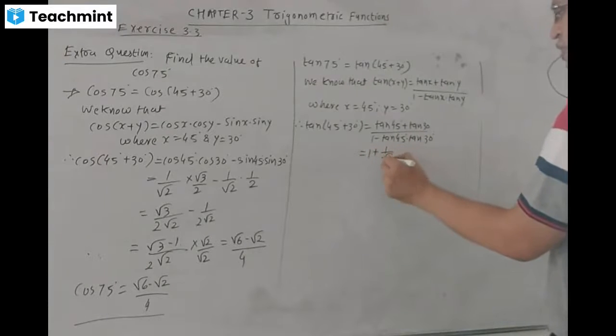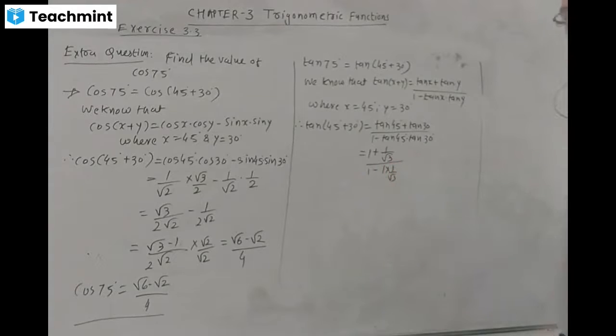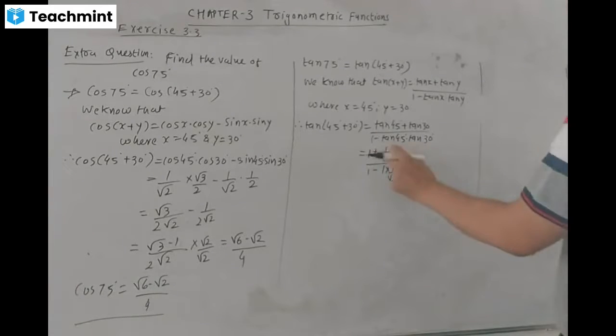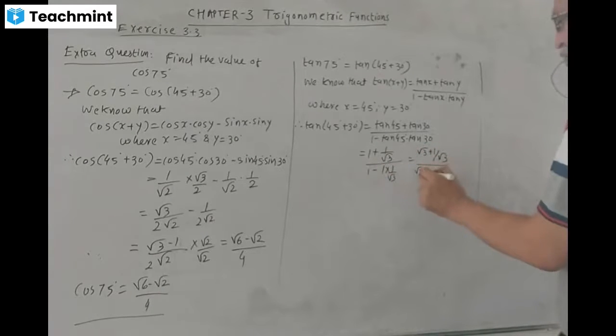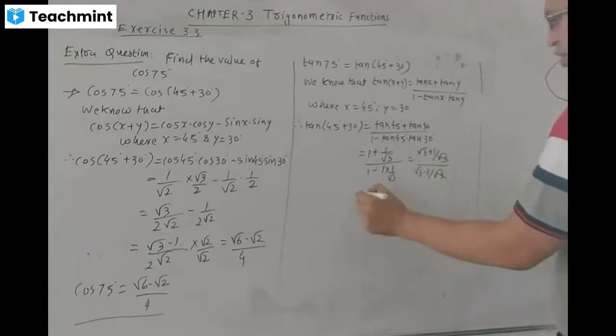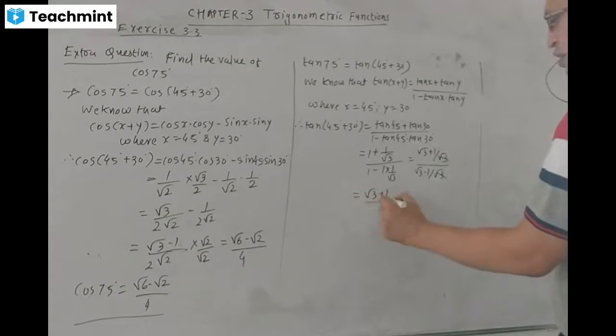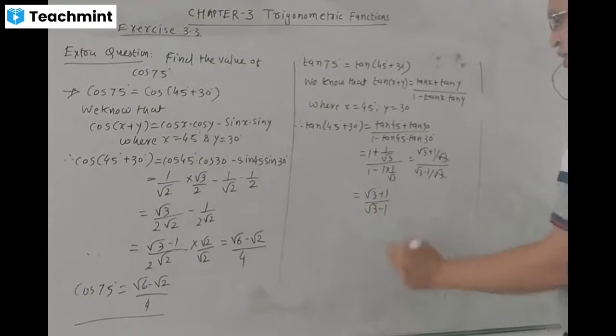Tan 30 is 1 by root 3. So we get 1 minus 1 into 1 by root 3. Rationalizing, we take the LCM: root 3 plus 1 by root 3 and root 3 minus 1 by root 3. Both root 3 cancel. The numerator is root 3 plus 1 and the denominator is root 3 minus 1.